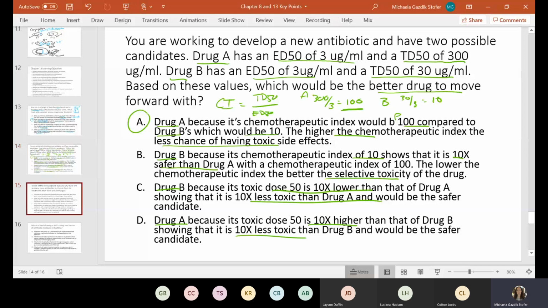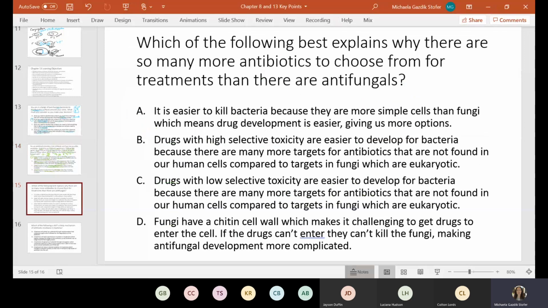Okay, so this one's going to say, which of the following explains why there are so many more antibiotics, so things to treat bacteria, than there are antifungals, things to treat fungal infections? Okay. A says it's easier to kill bacteria because they're more simple.